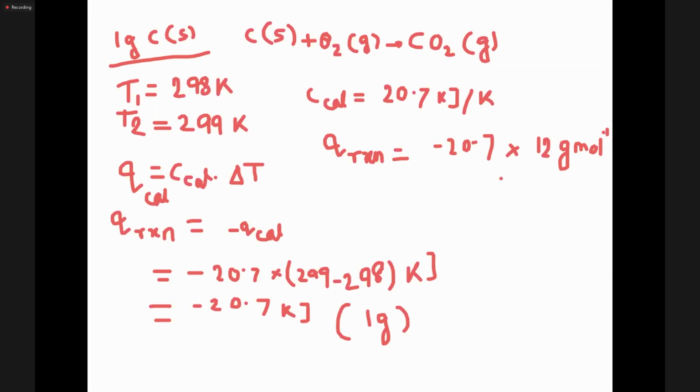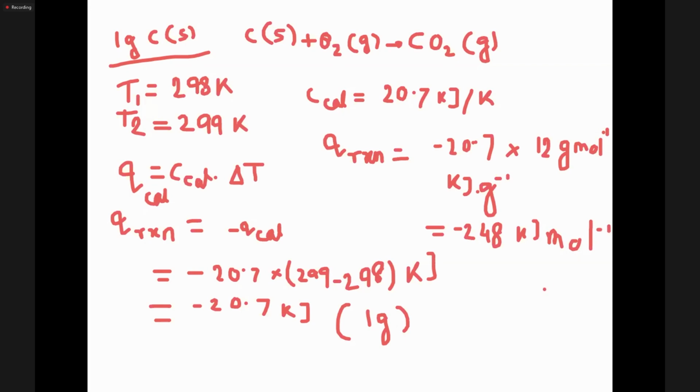For this minus 20.7, we had a unit of kilojoule per gram. This gram inverse and gram will get cancelled out, and we have lastly minus 248 kilojoule per mole.